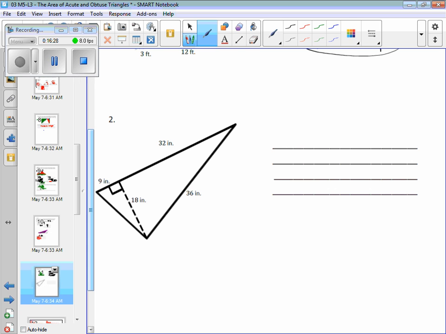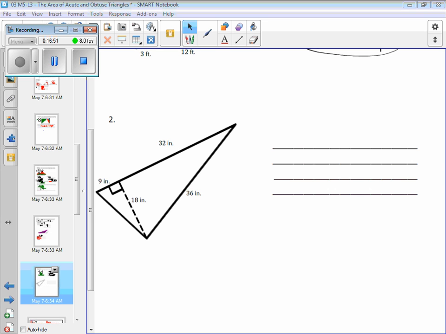All right? Pause it. The most important question to figure this out is, what is the measurement of the base? Because then everything else will fall into place after you identify the base. Guys, please, don't leave yet.